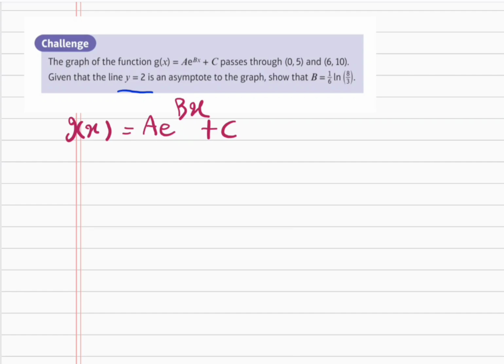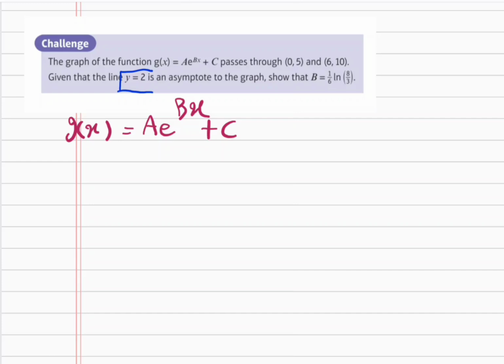First of all, we can start by substituting the coordinates of the point (0, 5), because the goal here is to find the value of b. So we need to substitute the points and also consider this fact, which we are going to use in a minute.